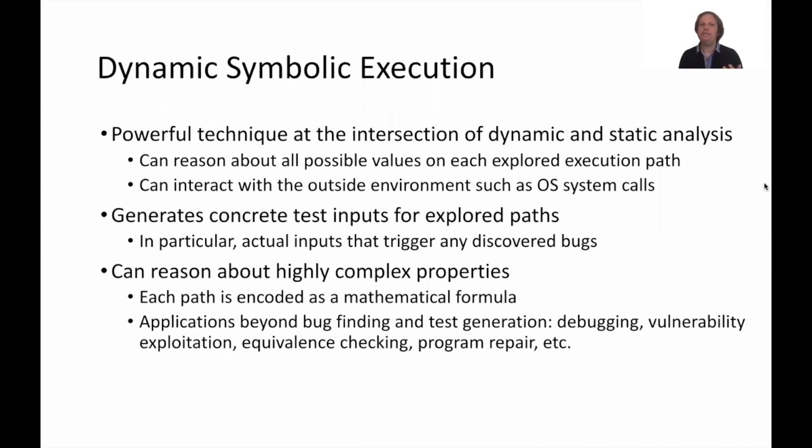Finally, I want to mention that dynamic symbolic execution can reason about highly complex properties because each path is encoded as a mathematical formula. And this means that it has applications beyond bug finding and test generation. For instance, it has been successfully applied to debugging, vulnerability exploitation, equivalence checking, program repair, and many more.